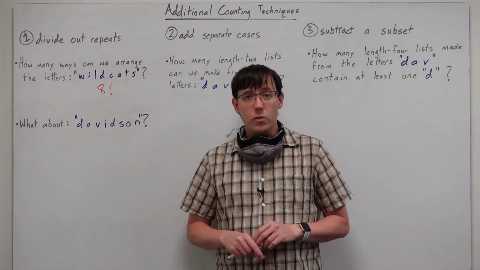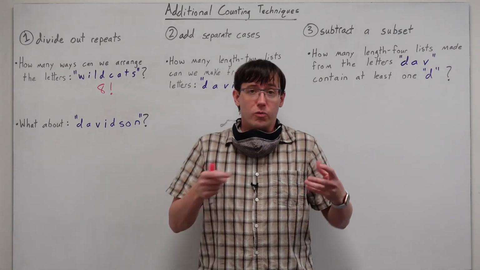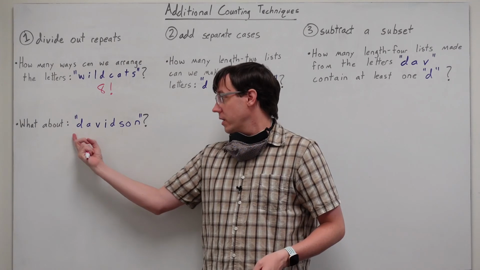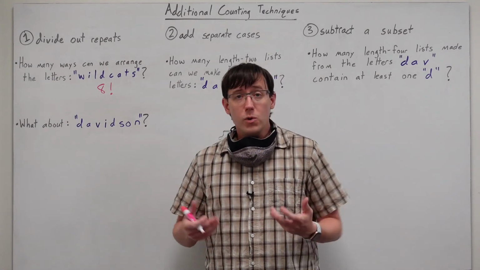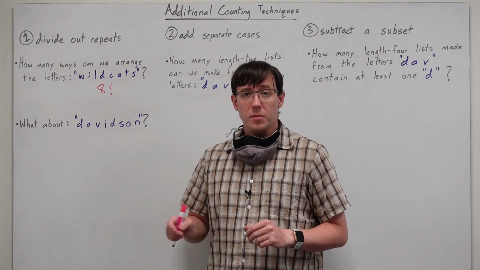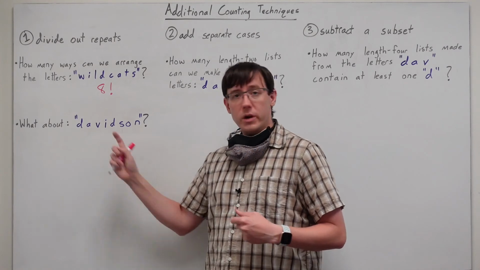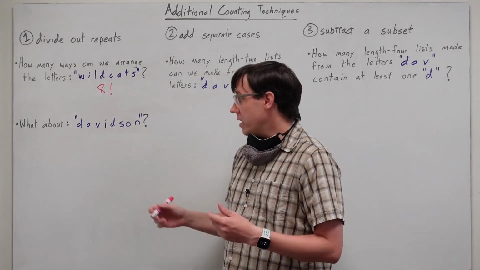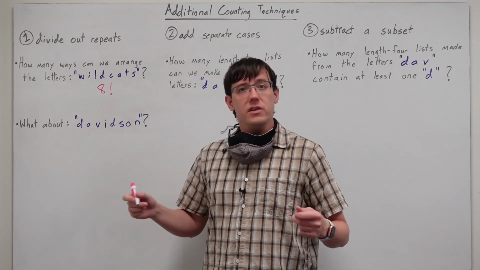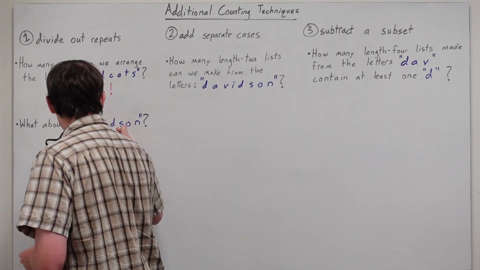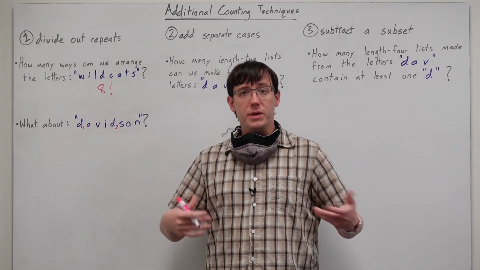But if instead we have a set of letters that includes some repeated letters, like the 2 D's in Davidson, then there are fewer total possibilities because 8 factorial counts the 2 D's separately. If we index them as D sub 1 and D sub 2, then among the 8 factorial arrangements will be these ones.